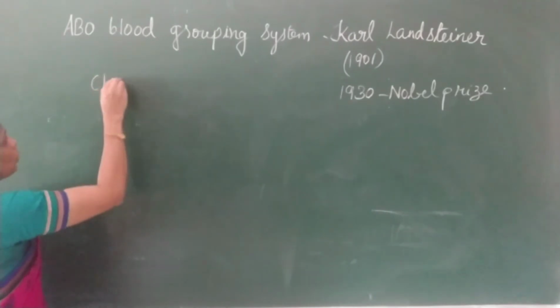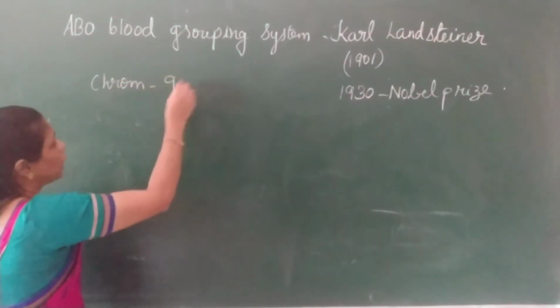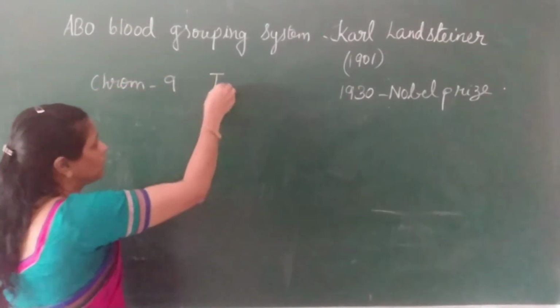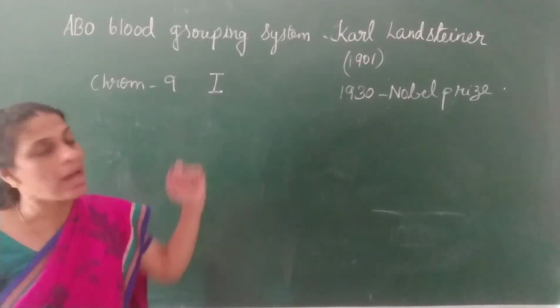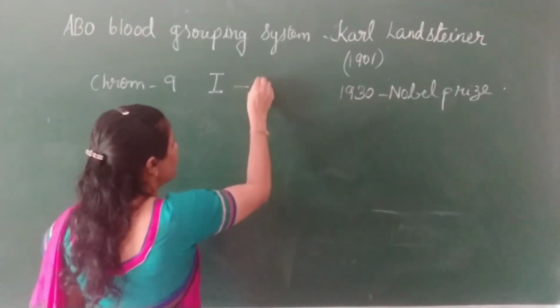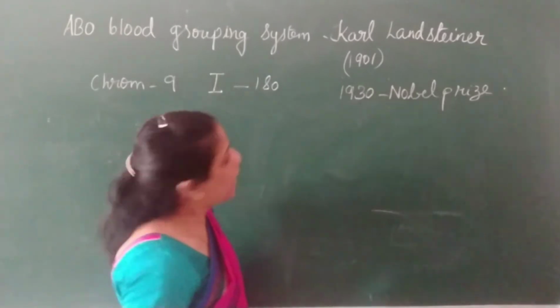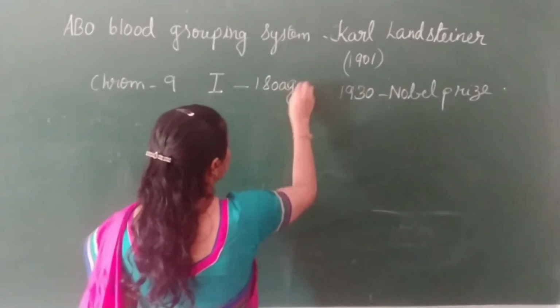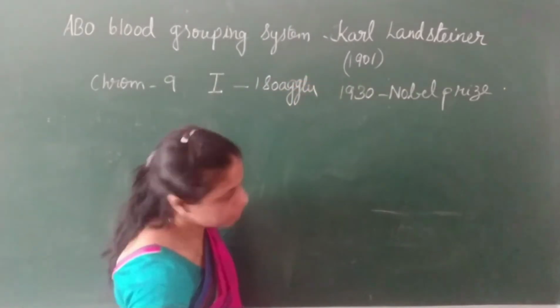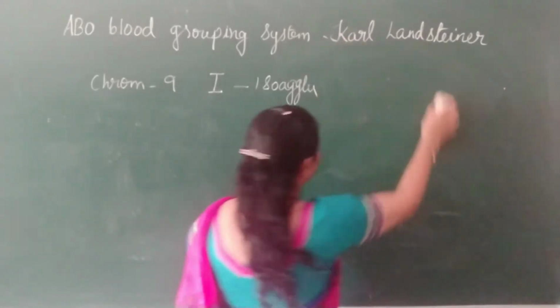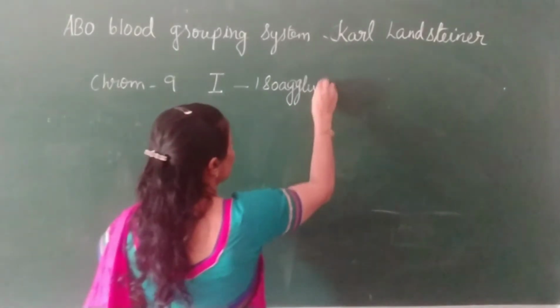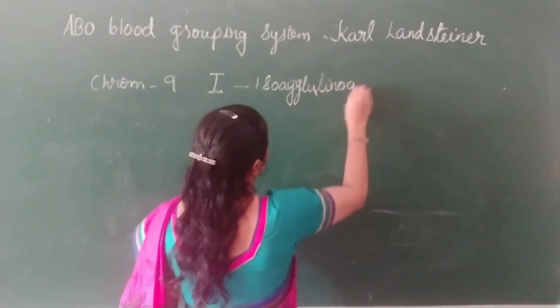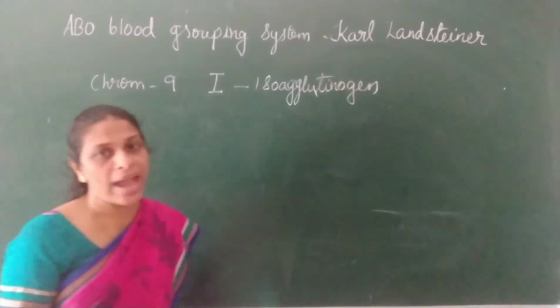This gene is denoted by the letter I. The gene I stands for isoagglutinogen, or it can also be said as isohemoagglutinogen.